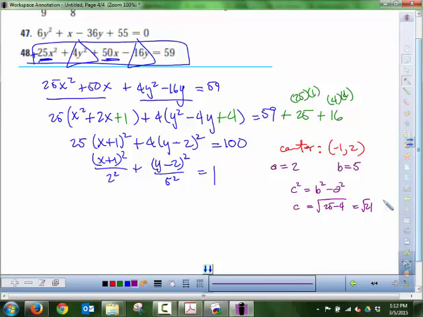And then we need to figure out the foci and directrix from here. C is plus or minus. So you take your origin and you do plus or minus whichever way is to the focus, yeah.